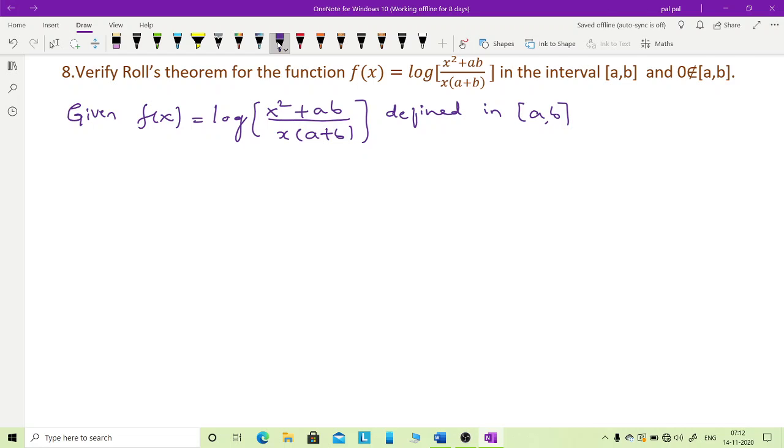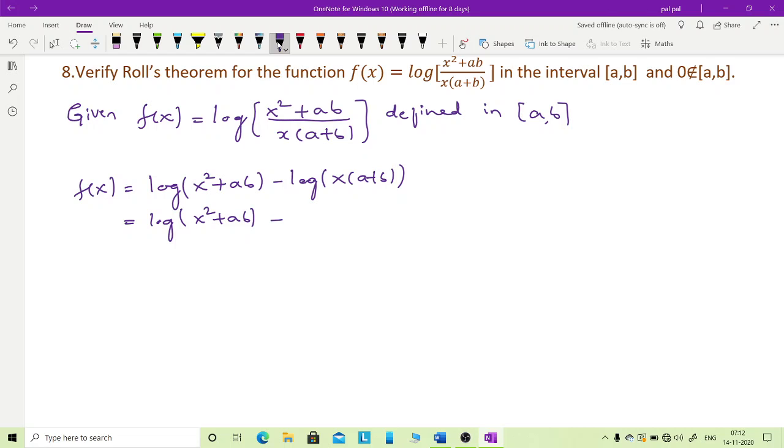0 will not be in [a, b]. So for our convenience, we can write this f of x as follows. Log of a by b can be written as log a minus log b. So this can be written as log of (x square plus ab) minus log of x into (a plus b). Again we can simplify this: log of (x square plus ab) minus log ab can be written as log a plus log b.